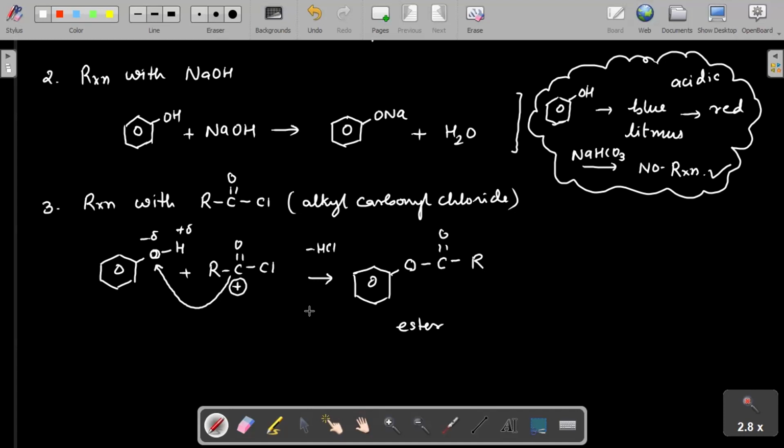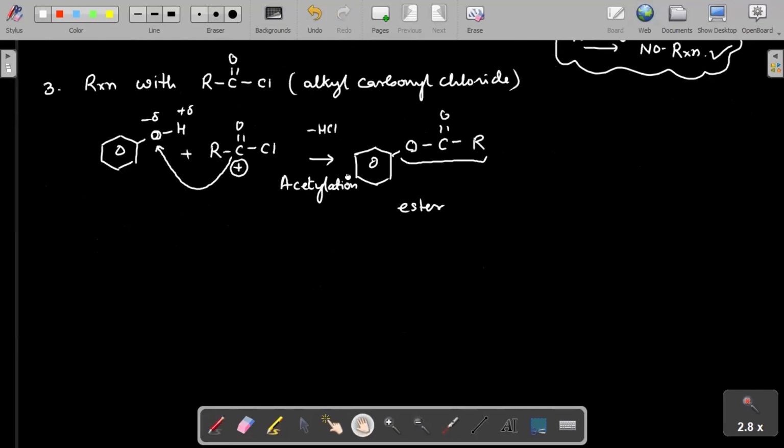This is called acetylation, because we are adding an acetyl group to the benzene.